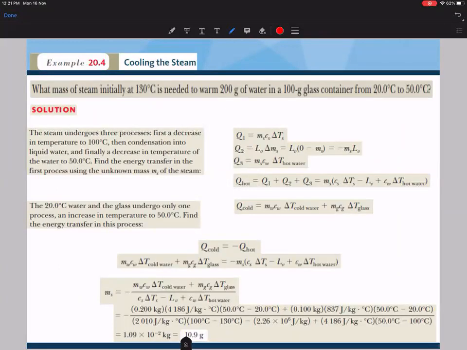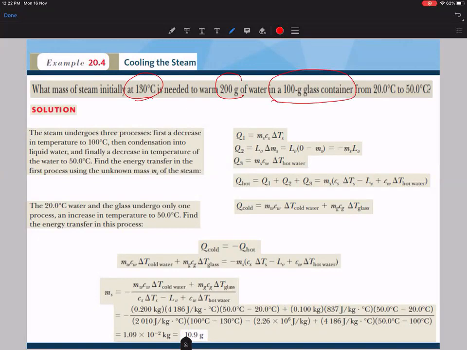And here we have an example to show you what happens when you are adding steam into water. The steam is 130 degrees Celsius, and it is pumped into 200 grams of water, which is put in a 100-gram glass container.